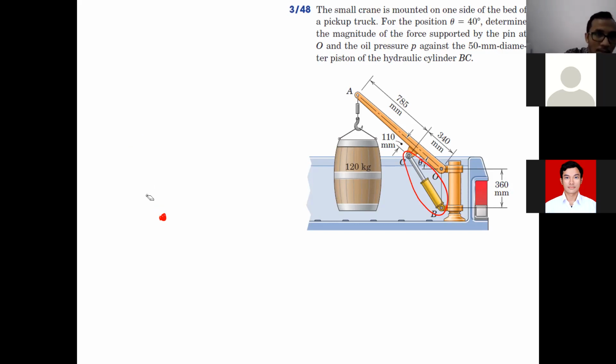My drawing is very bad. When a member is only supported at both ends with a frictionless pin, there will be no bending. So either the member will be under tension like this, or under compression like this.